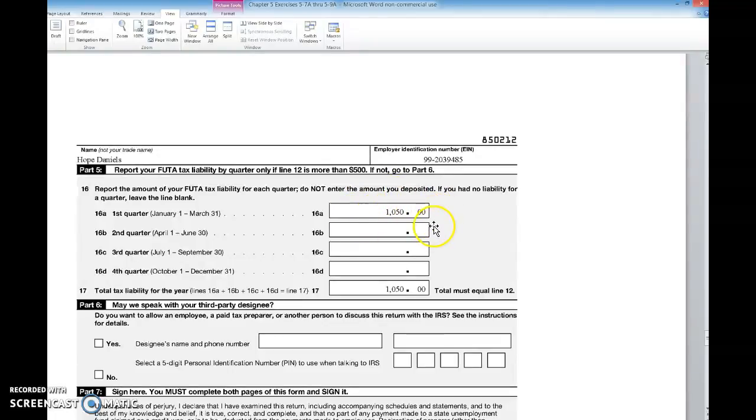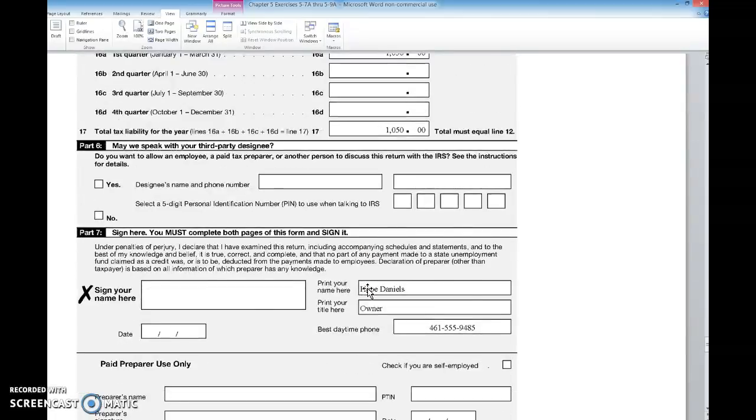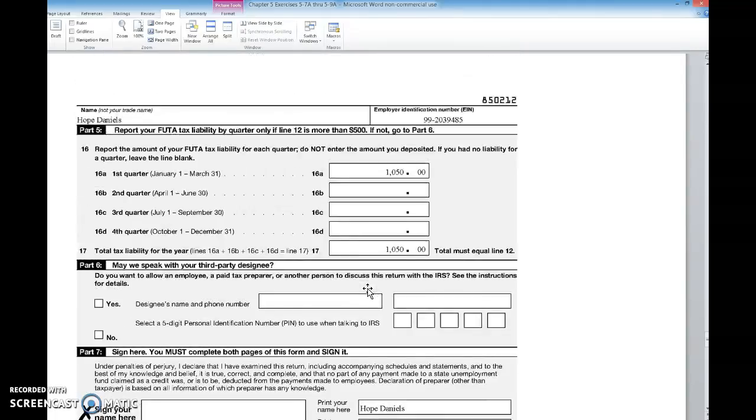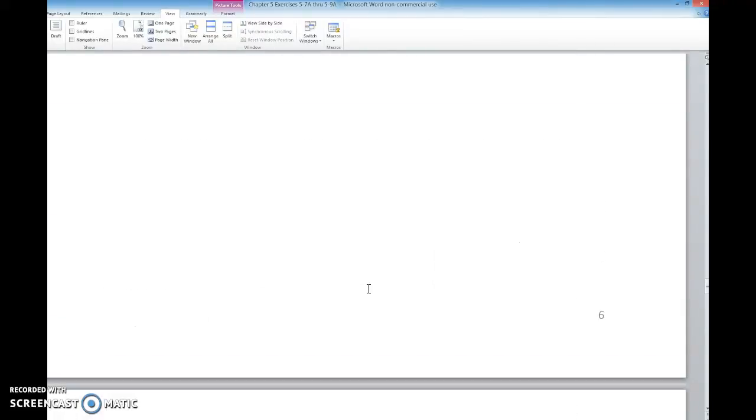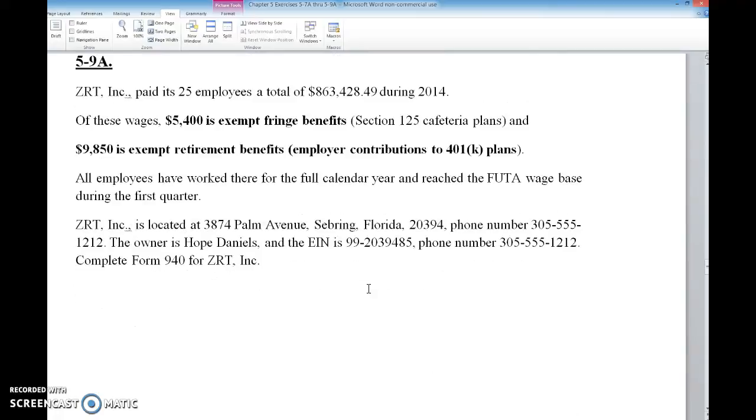In this case, it's the first quarter, so we're going to put it in box 16A. Bring that amount down to box 17, and you have just completed form 940. If you do have any questions in regards to forms 940 and 941, please let me know. Thank you.